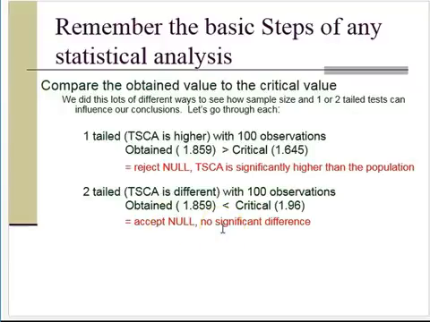So hopefully this just gives you an example of, one, how sample size can influence your results, and two, how a one-tailed or a two-tailed test can influence your conclusions. Right? They both really have to be stated up front so that you know what you're doing with your analysis and you can keep your results clear and honest.